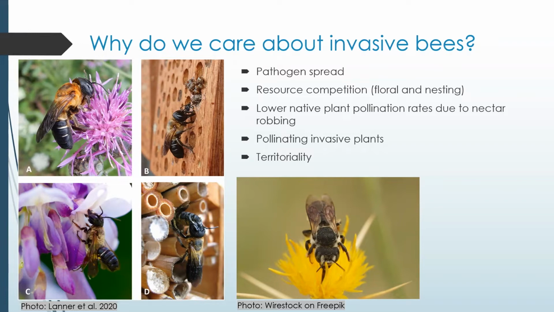And so you can get reduced pollination of our native plants because the invasives aren't used to those, but they still want the nectar. So once the nectar is taken, there's no reward for the native bees to visit that plant anymore.